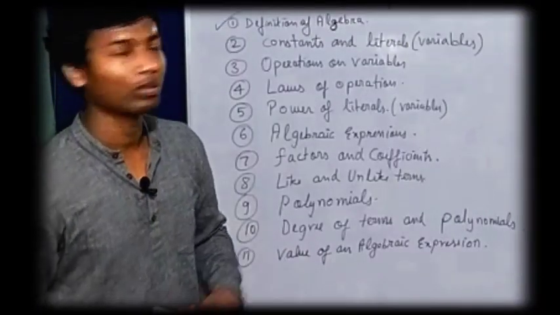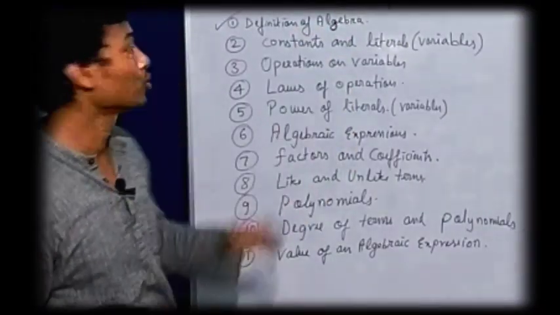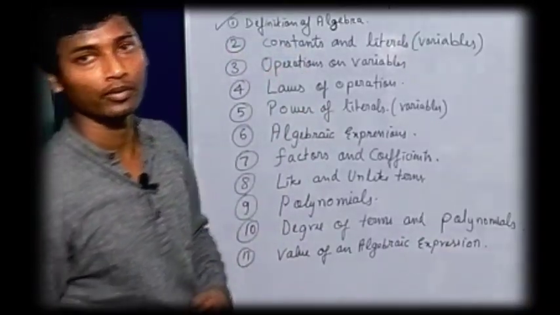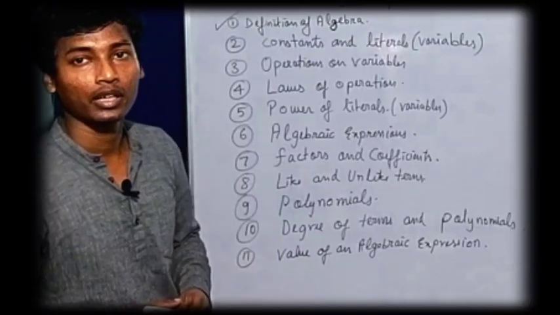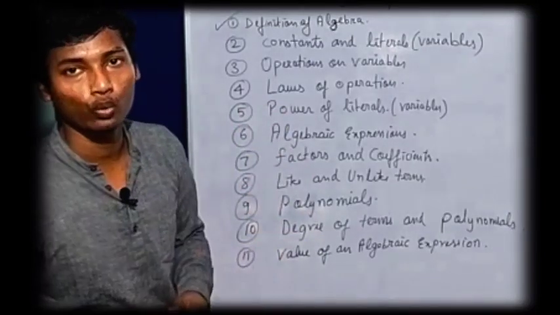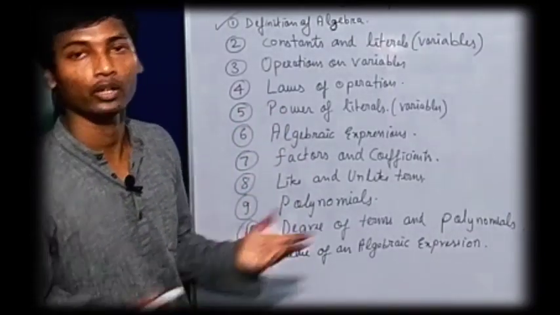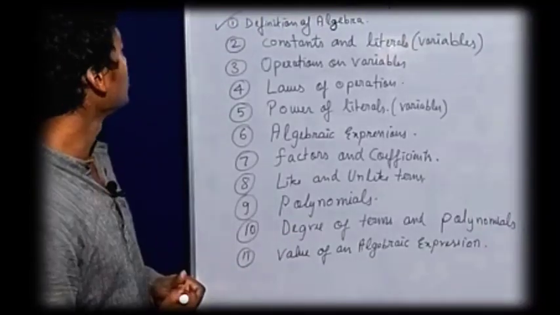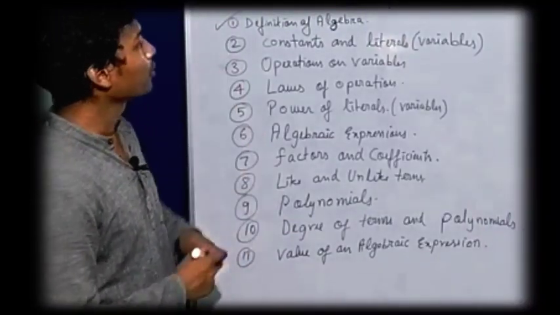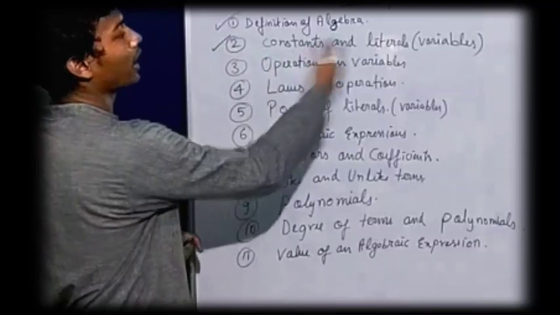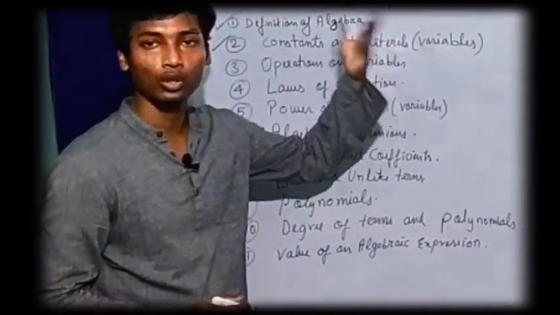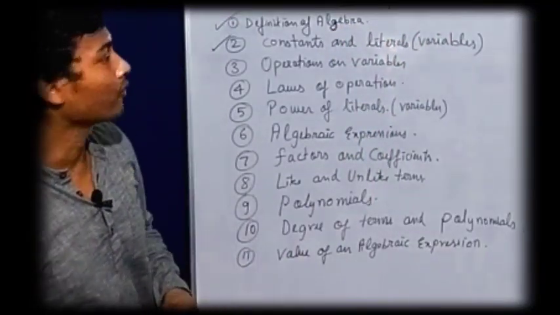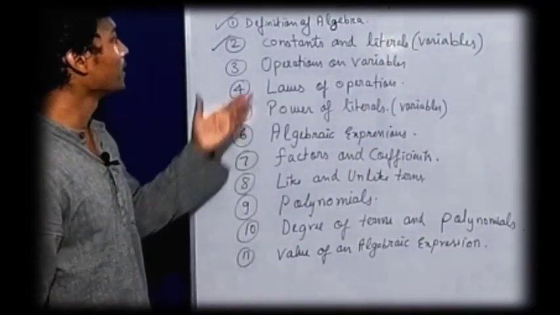Now let's recap what we have learned today. So first, definition of algebra. What is algebra? It is a branch of mathematics that deals in representing numbers through variables, right? And you know what variables are. Next, we learned about constants and variables. The constant part is fixed, while literals or variables are not fixed, they are changeable.